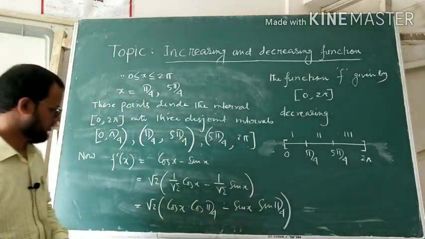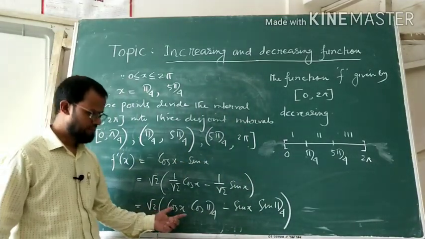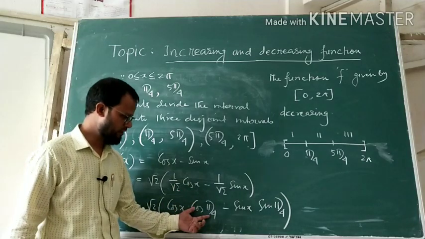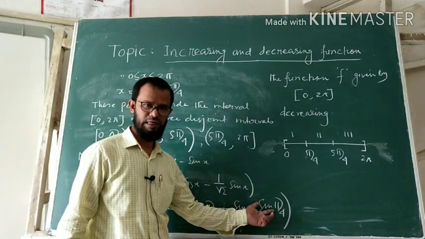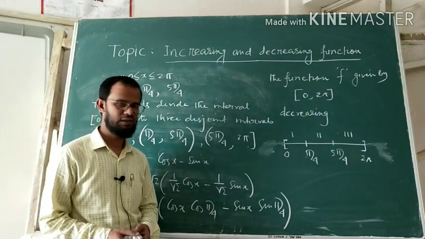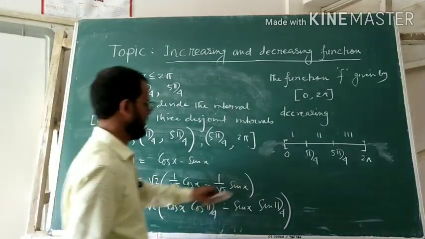So the expression becomes cos A cos B minus sin A sin B type, and you know that cos A cos B minus sin A sin B equals cos of A plus B.